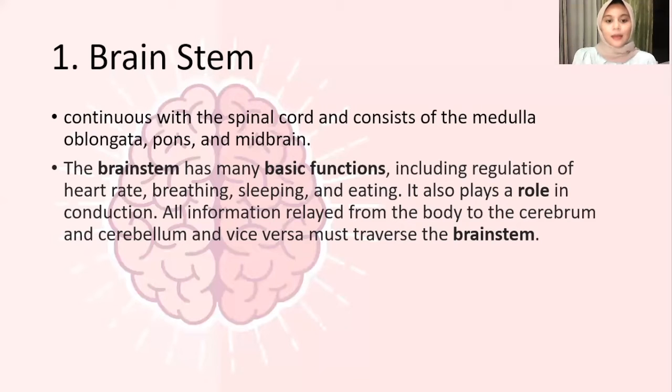It has many basic functions, including regulation of heart rate, breathing, sleeping, and eating. It also plays a role in cognition. All information relayed from the body to the cerebrum and cerebellum and vice versa must traverse the brainstem.